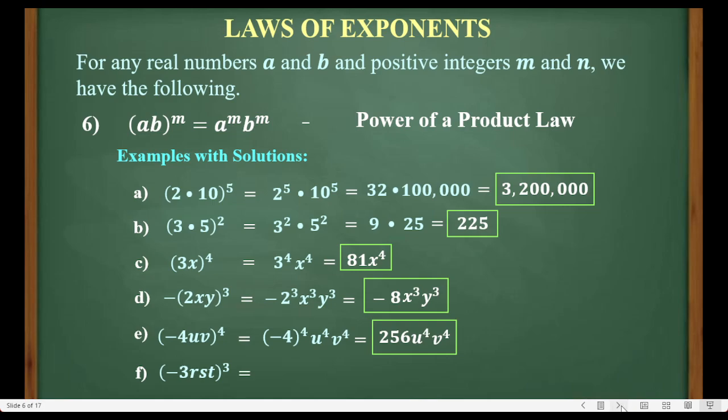So, if we're going to simplify this, we have quantity negative 3 cubed, r cubed, s cubed, t cubed. And since this negative quantity is raised to an odd exponent, the result is still negative. Because negative 3 times negative 3 times negative 3 will give us negative 27, followed by r cubed, s cubed, t cubed. Your answer.